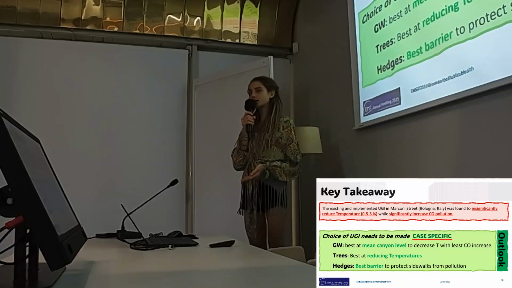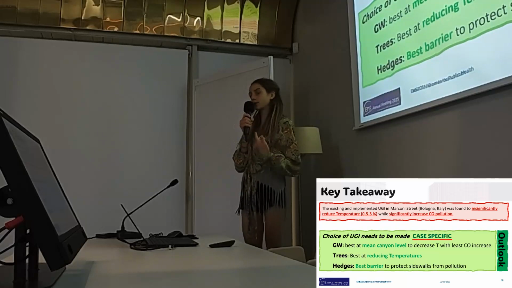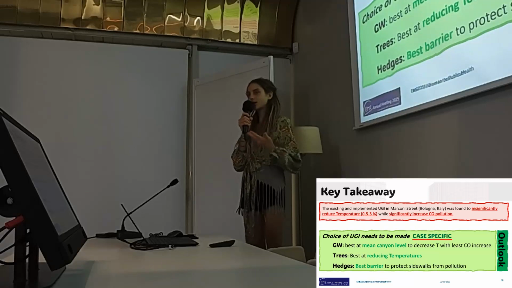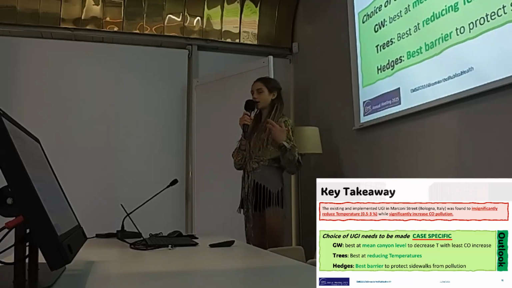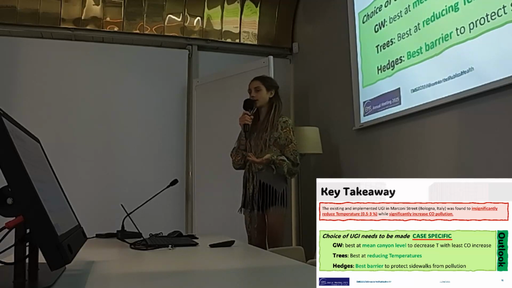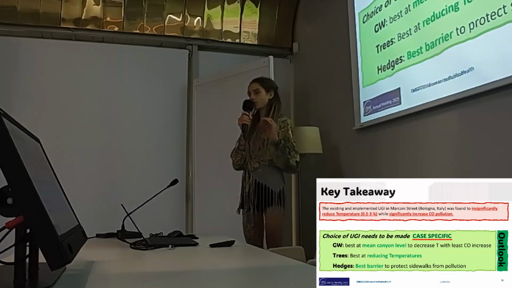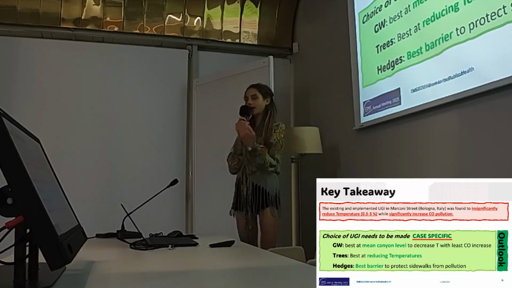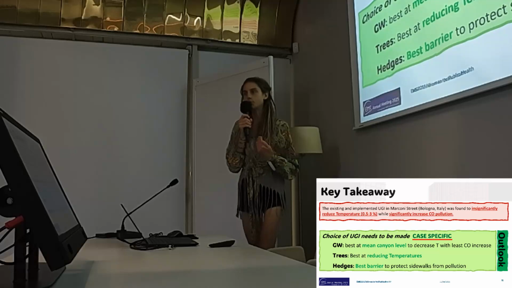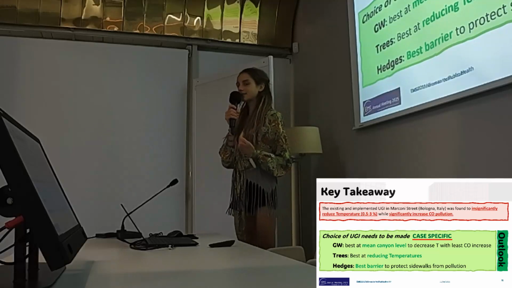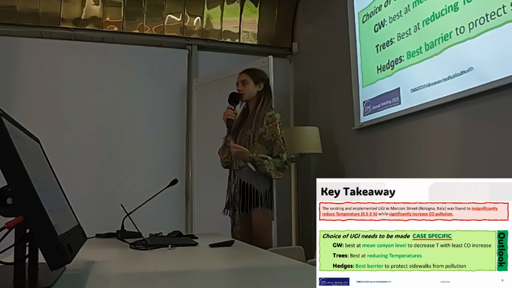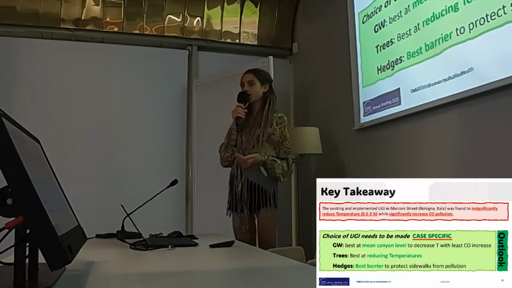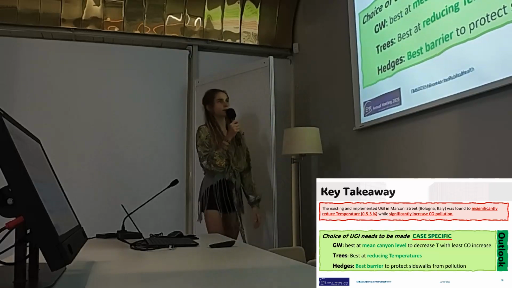And these are not results that only I found, the literature also tells that the reduction of ventilation via green infrastructure is often found to be more impactful than the pollution they can reduce via direct deposition. Hence, the choice of urban green infrastructure needs to be made very case specific and very careful, with good planning. So I put 3 examples there.